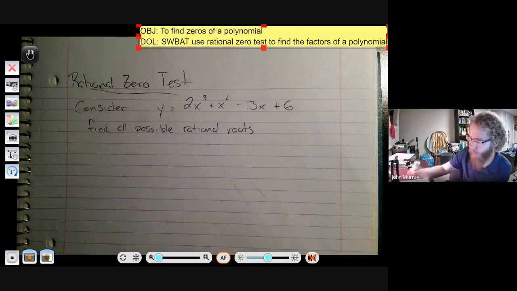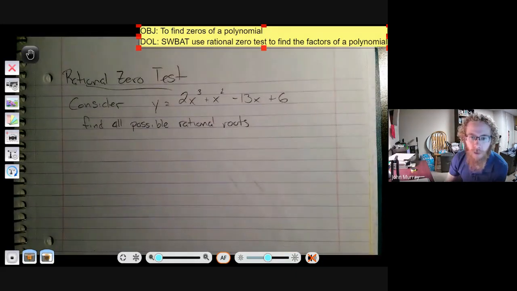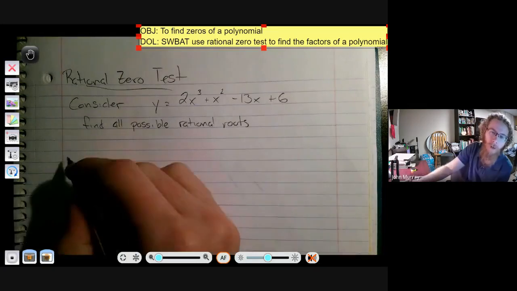We want to find all possible roots. So we're going to do pretty much the same thing, but now again we have more than one factor for our q.